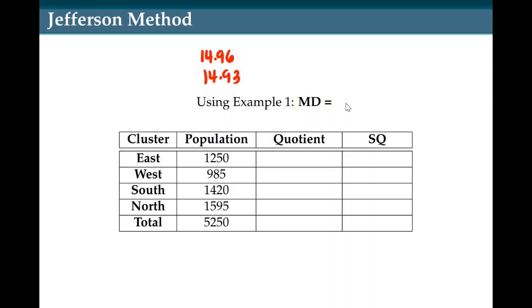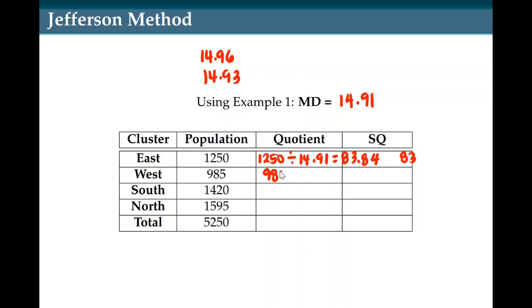So let's try a divisor that is less than this. So we have 14.91. Same process: 1,250 divided by 14.91 will give us 83.84. So the standard quota for this is 83.